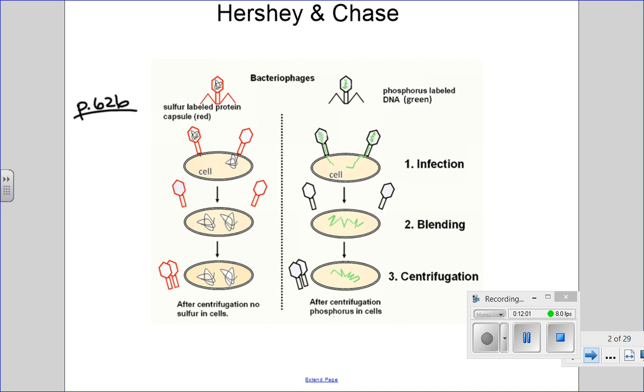Here's basically what Hershey and Chase did. They used radioactive testing, and they determined that DNA is passed on.